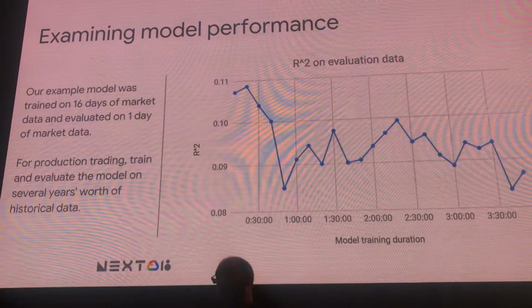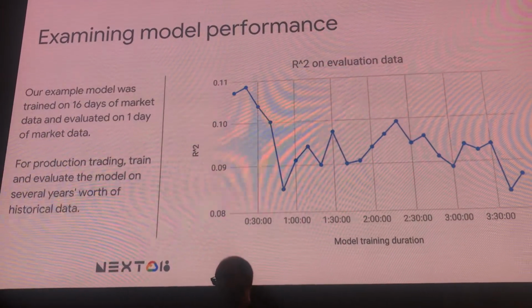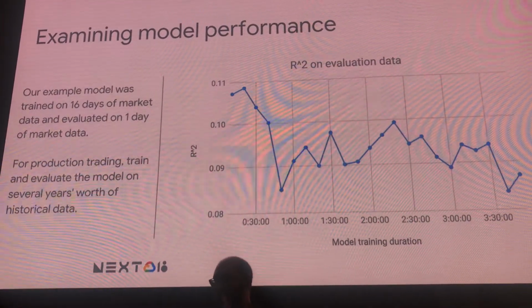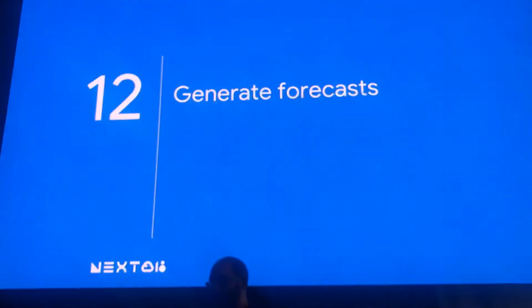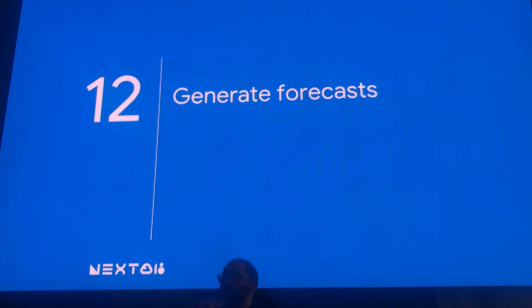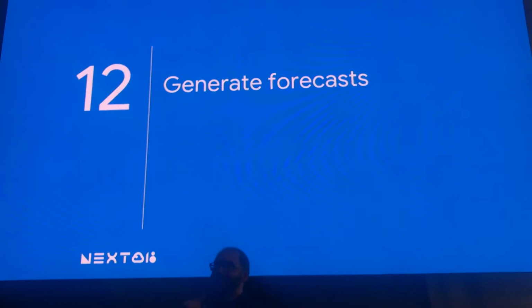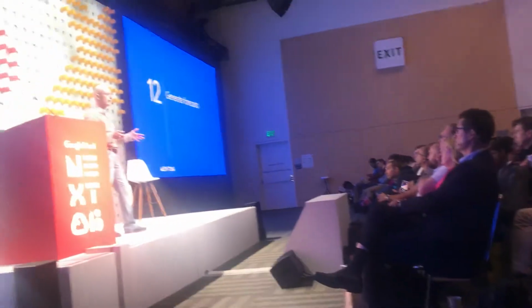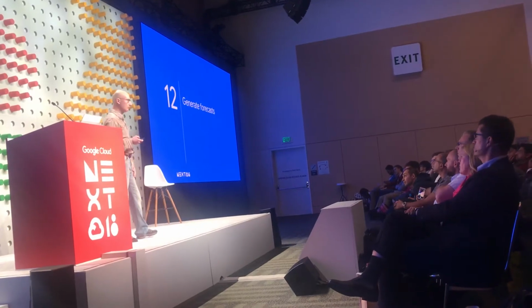So this is fine for an example of how to build a model and how to train it, but this is not what you would want to do for actual use in production. For production trading, you would want to train your model on several years of data and evaluate on several years of data.